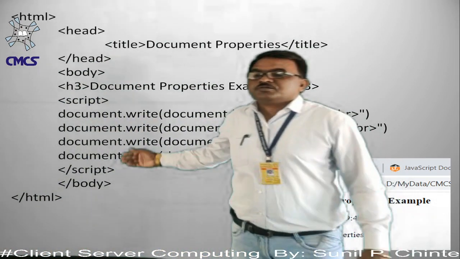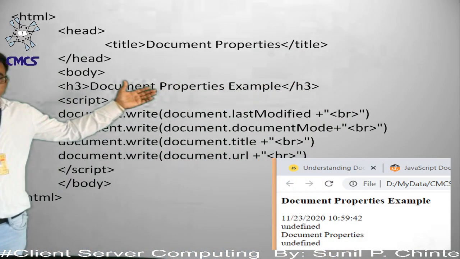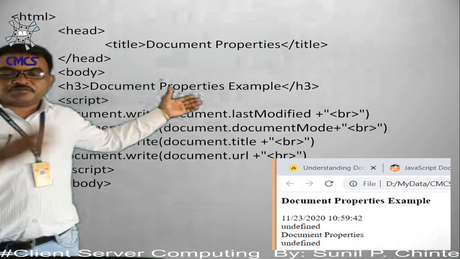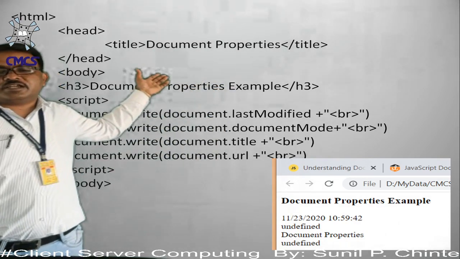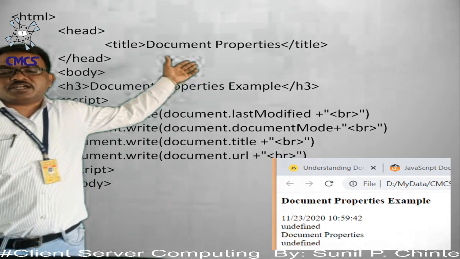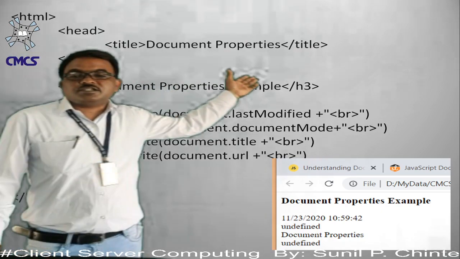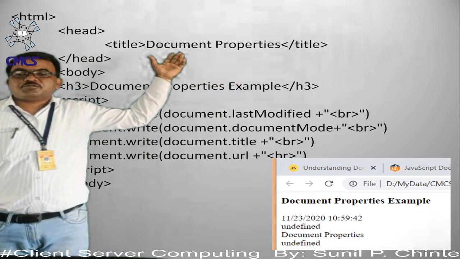Okay, so this is a simple HTML document where I have used these properties. Here are the HTML tags, and under the head we have the title. I have set the title as "document properties", meaning the title of this page is document properties.